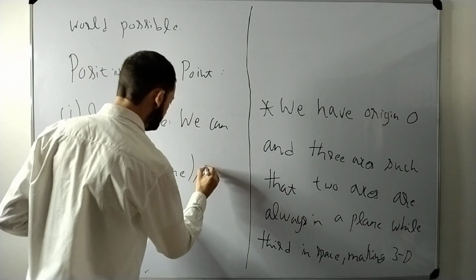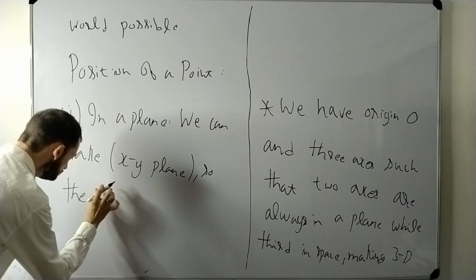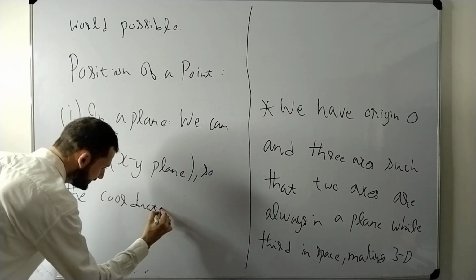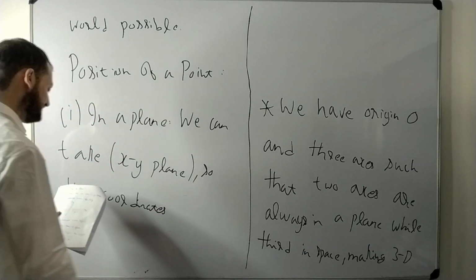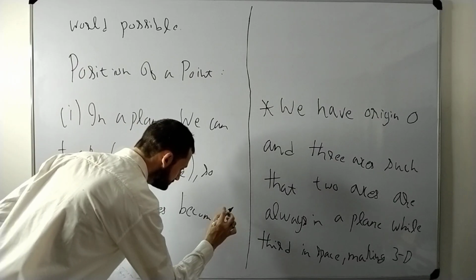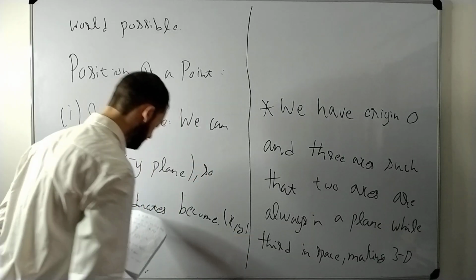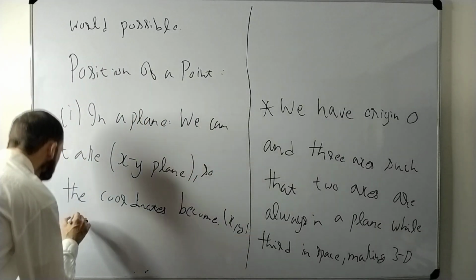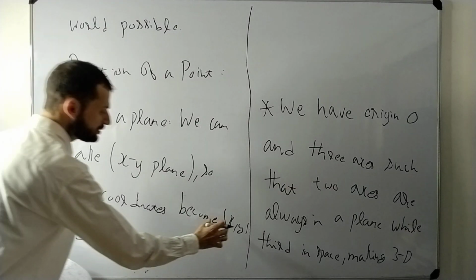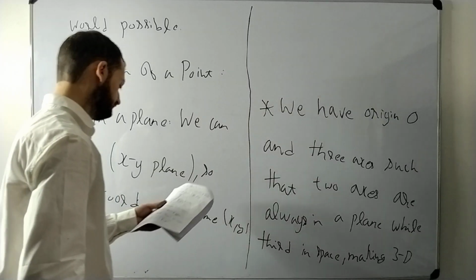So the coordinates are what, students? x and y. So the coordinates become x, y, x comma y. So this is how you write the coordinates in physics.